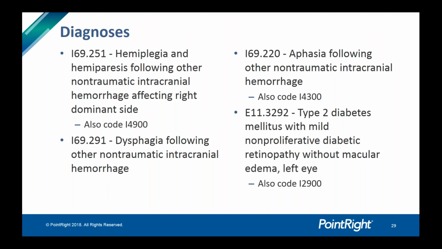A little bit more description: no macular edema, but there is also a code for with macular edema. And where was it? Is it the left eye, the right eye, or bilateral? So all of that is packed into that one 7-digit code. So you would code that diagnosis code, but also remember to check off I-2900 for diabetes. Really important, because that goes into the nursing component.